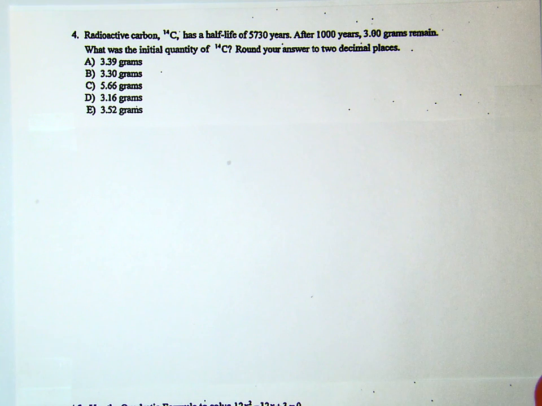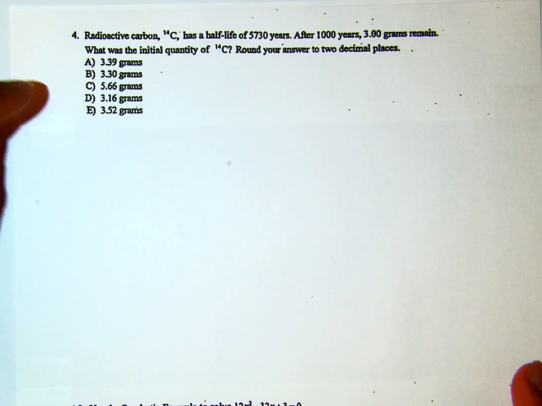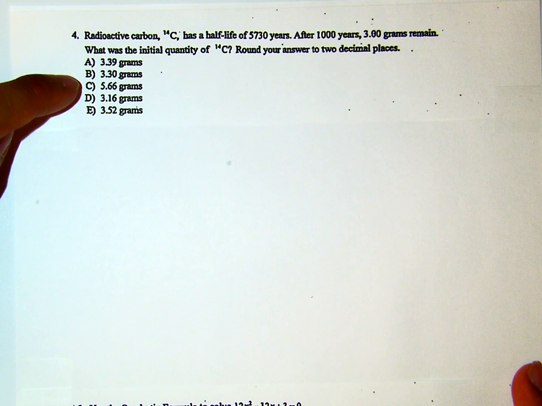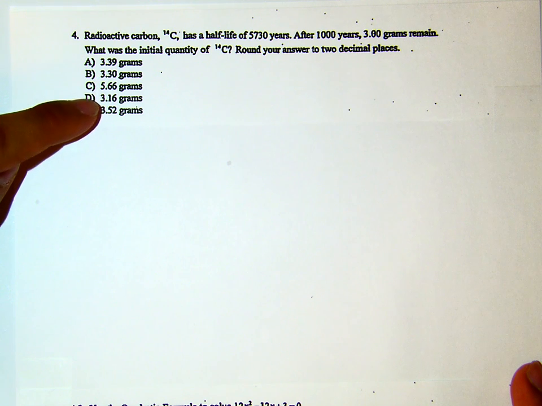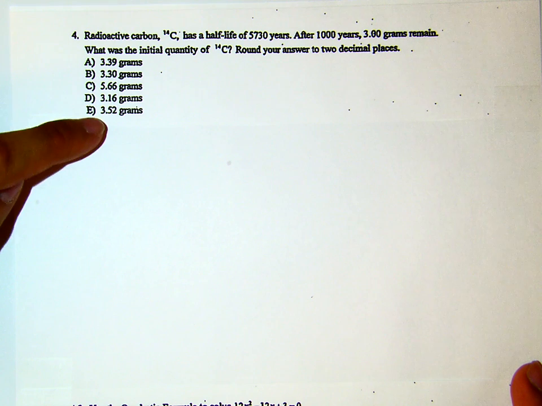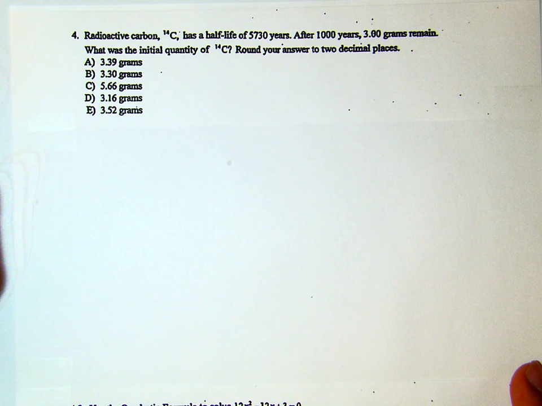Now, before we start, we take a look at the answers. A lot of the answers are pretty close, like 3.39 and 3.30, 3.16, 3.52. With these numbers very close to each other, we will avoid rounding too early.